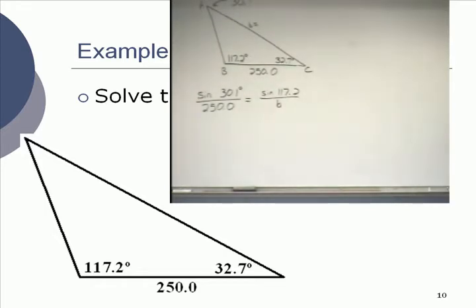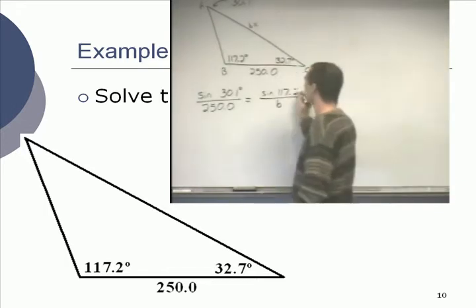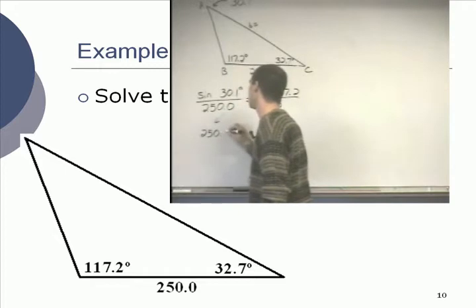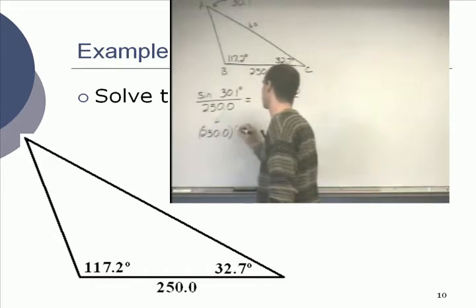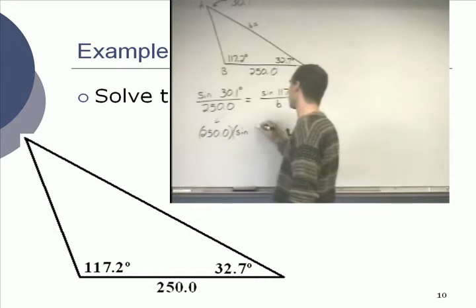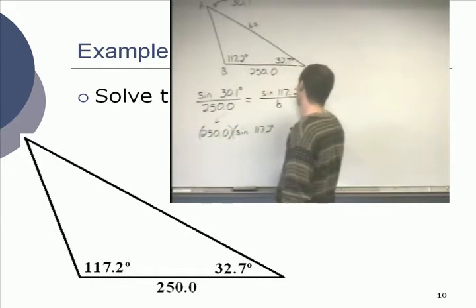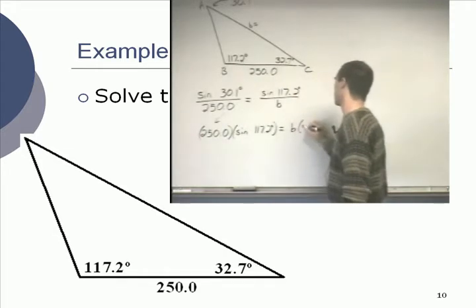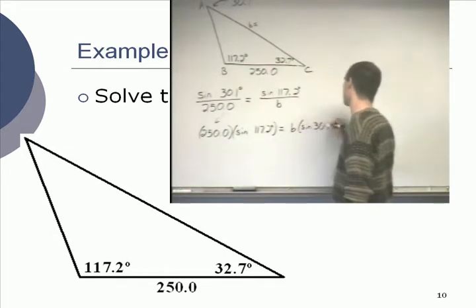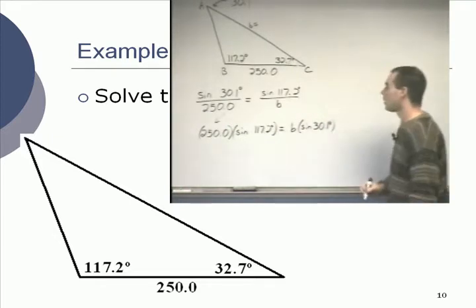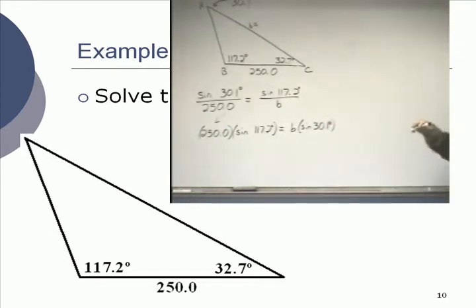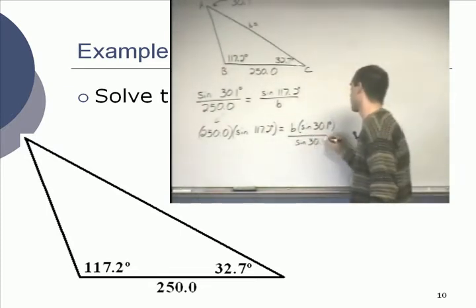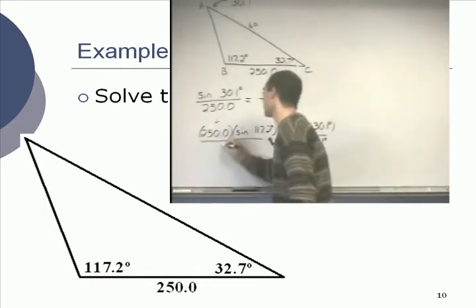Now we just cross multiply. In this direction we get 250.0 times the sine of 117.2 degrees. That's equal to b times the sine of 30.1. Well, then you're home free. You just need to divide both sides by sine of 30.1.